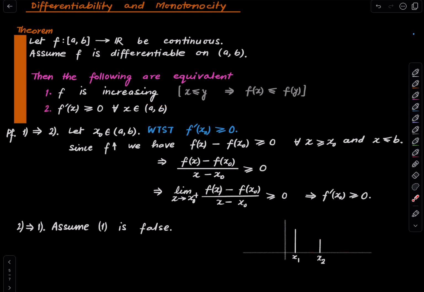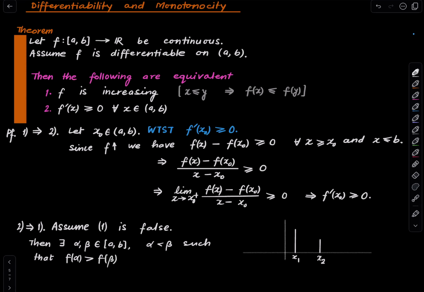So that's essentially the proof, and let me write it. So assume 1 is false, so then there exist distinct points alpha and beta such that f of alpha is greater than f of beta.